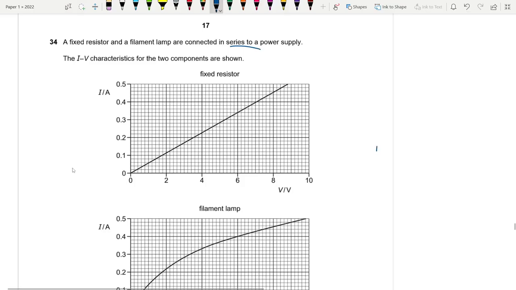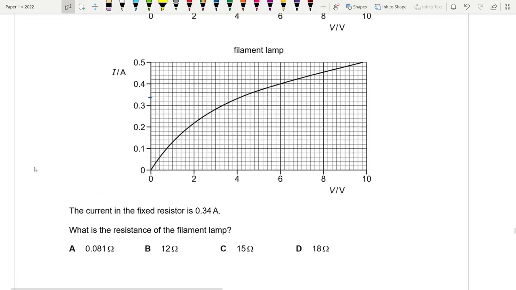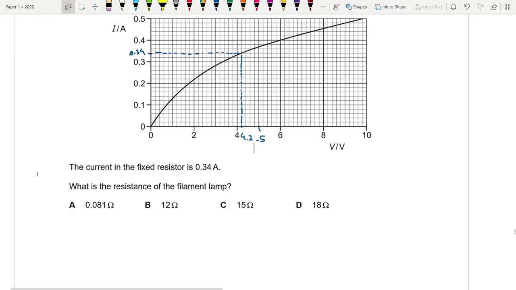Okay, so since they're in series, the current flowing through them is the same. So 0.34, it's over here. V is 4.2 basically.